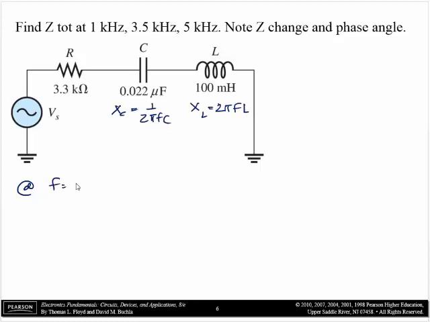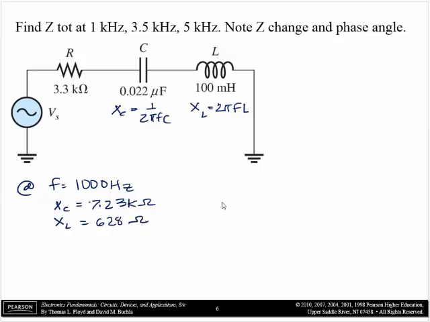At F equals 1000 hertz, 1 kHz, we will find that XC equals, if I just calculate it out, 7.23 K ohms, and XL equals 628 ohms.